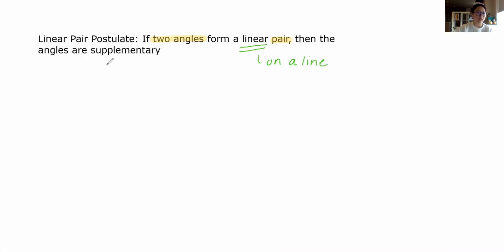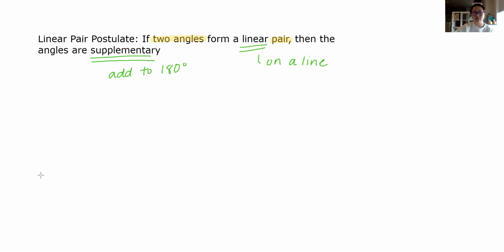And then the angles are supplementary. So remember, supplementary means that they are going to add to 180 degrees. Okay, so let's take a look at what this looks like as a picture.